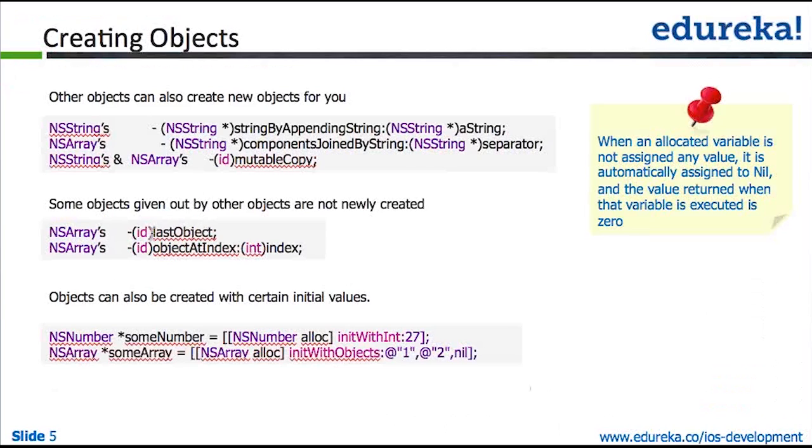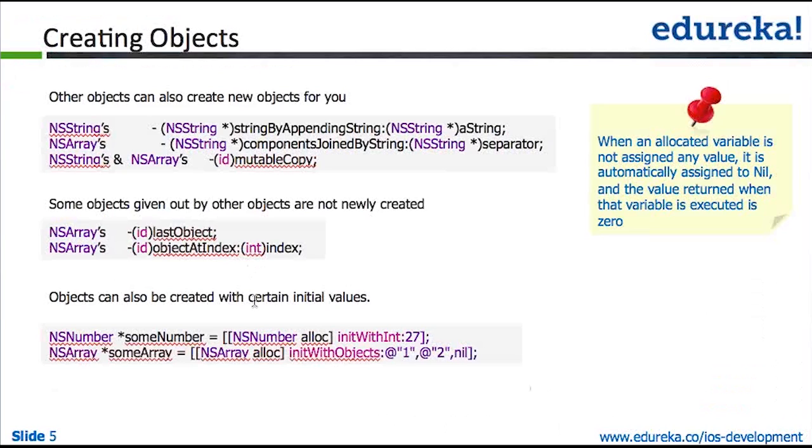Now this typically outputs a type id, simply because at the time of compilation we will not know what is the type of the object. Hence the return type is id. And objectAtIndex is the object at a specific index.